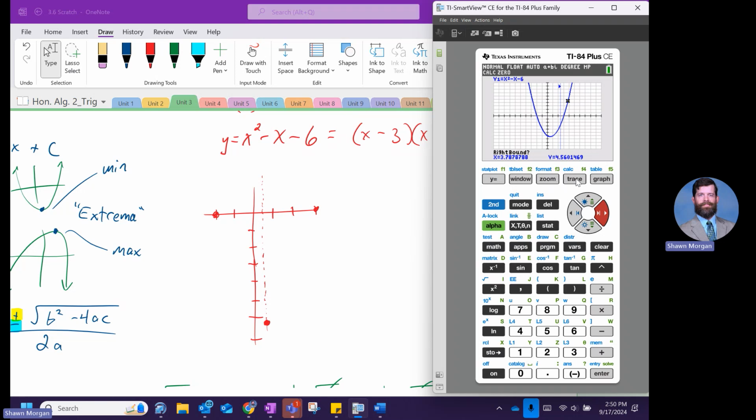And then I move my cursor to the right. I hit enter to lock it in on the right side of that root. And see what it's doing? It's sort of like fencing it in. It's going to find where this function crosses the x-axis between here and here. And so we hit enter a third time because we don't care about guessing. And it says, hey, look, there's x equals 3. That's your root. Very powerful piece of technology that you guys can have to help you find x-intercepts.